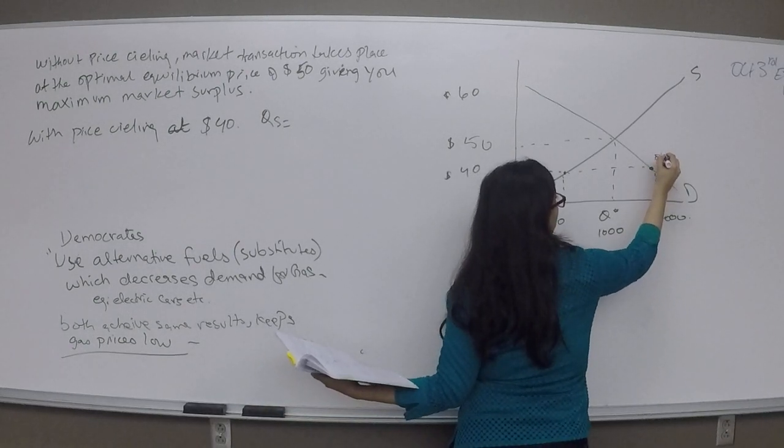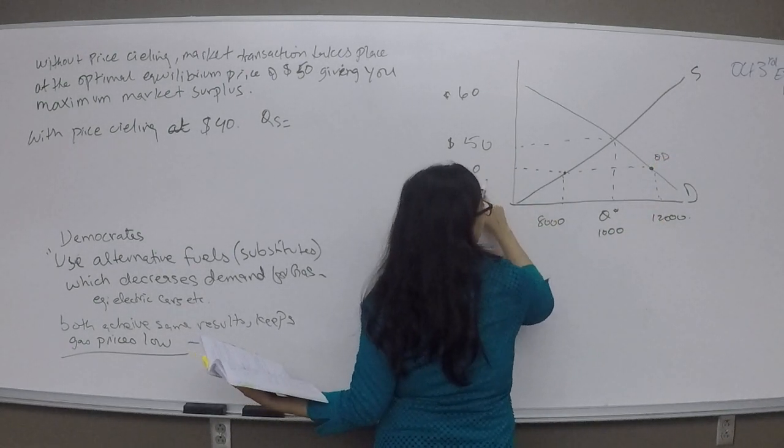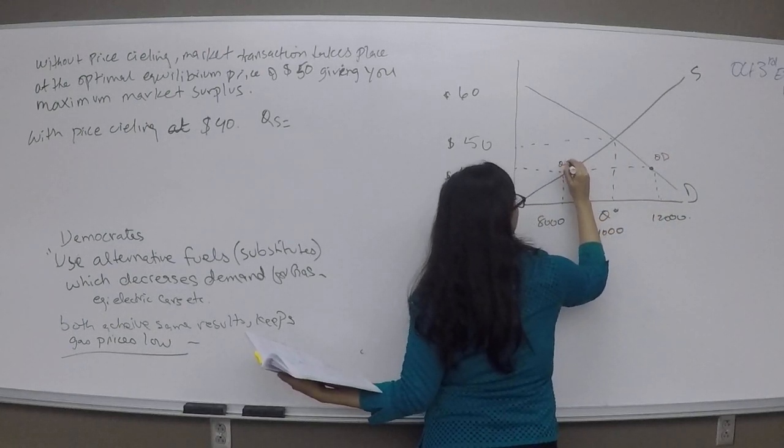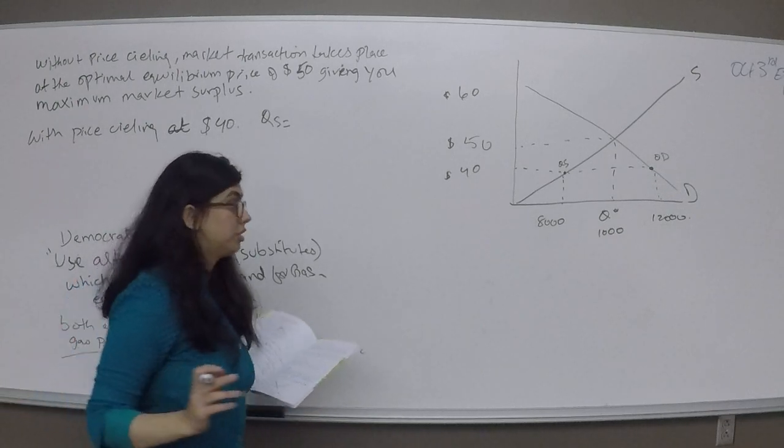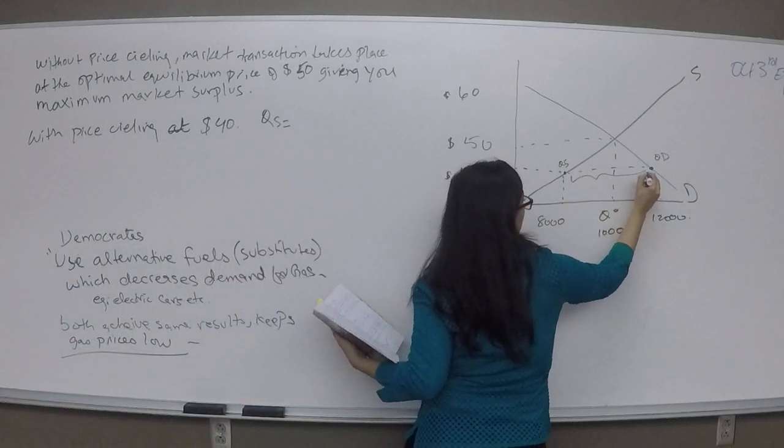So quantity demand at $40 is way higher than quantity supply. What does that mean? There's a shortage.